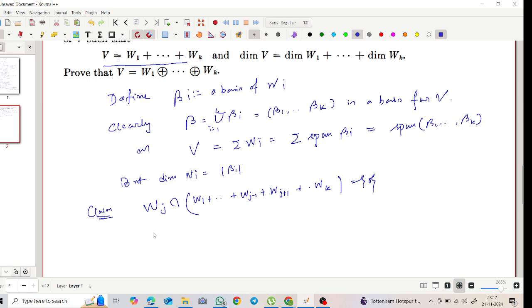So suppose alpha j belongs to this intersection.